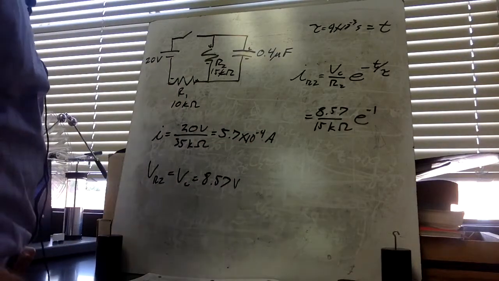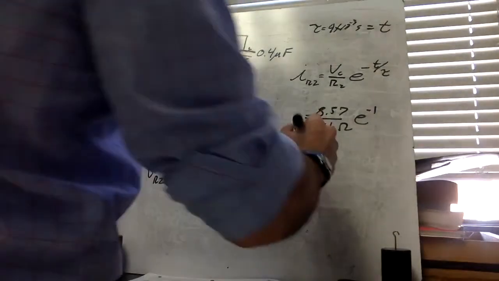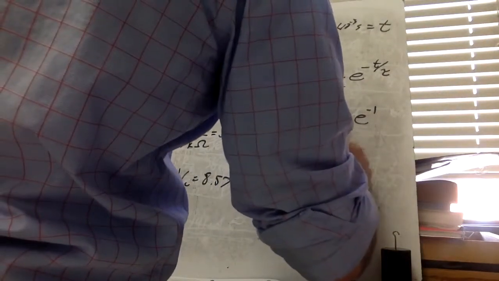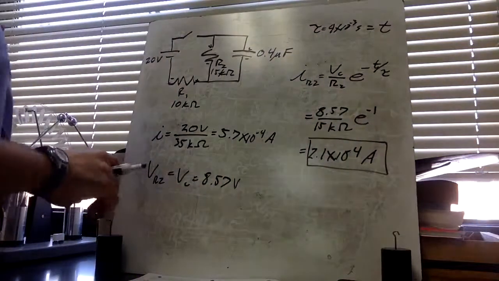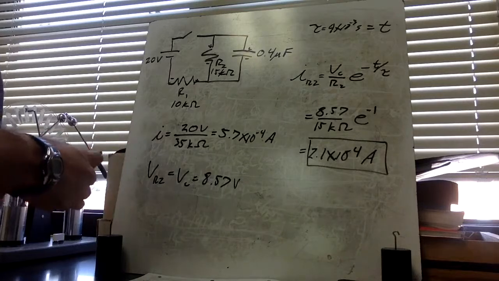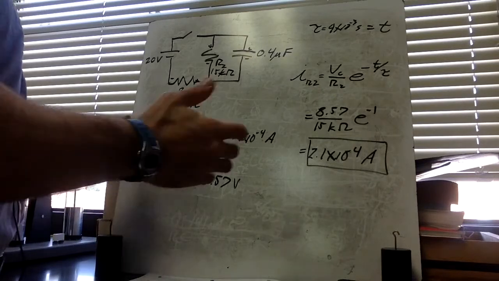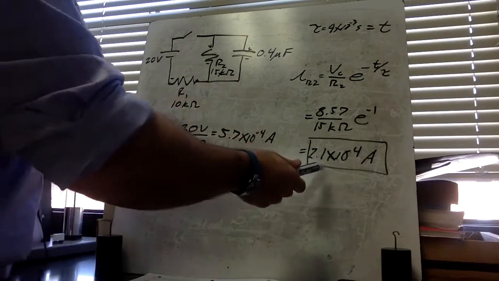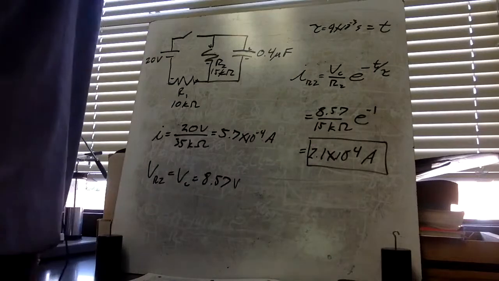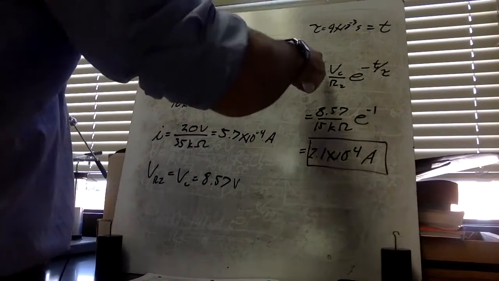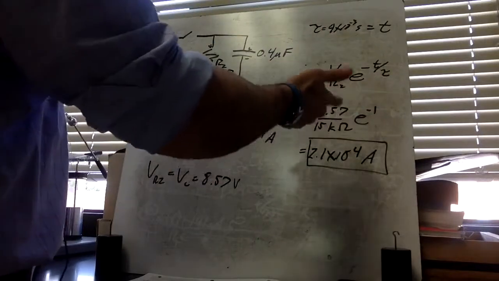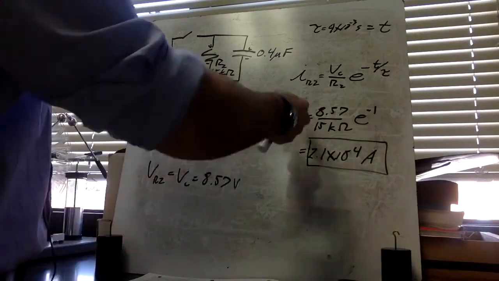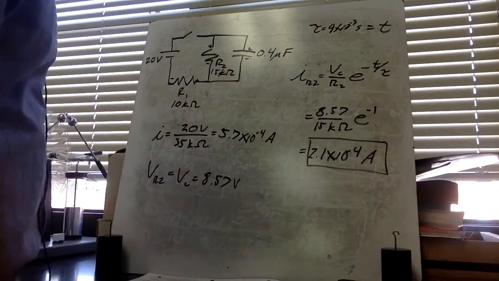It gives me 2.1 times 10 to the negative 4 amps. Okay. Or, I mean, the other thing I can do, since I know it's one time constant, I can find what the voltage is. I can find 37% of the voltage and then divide that by 15 kiloohms, and that'll give me the same thing.